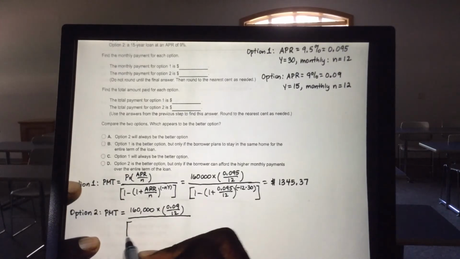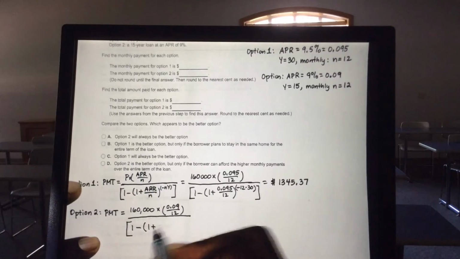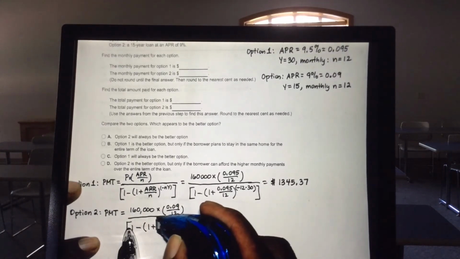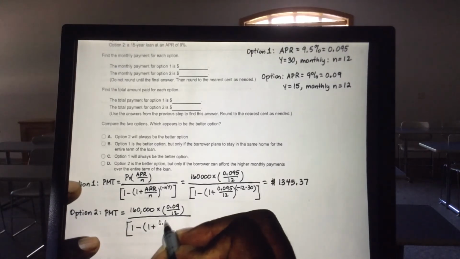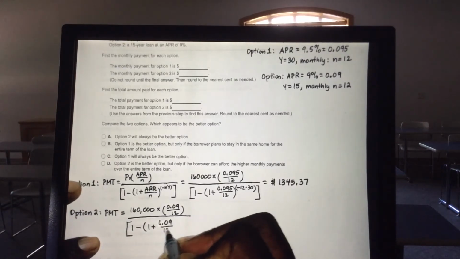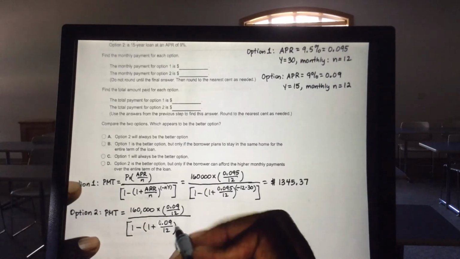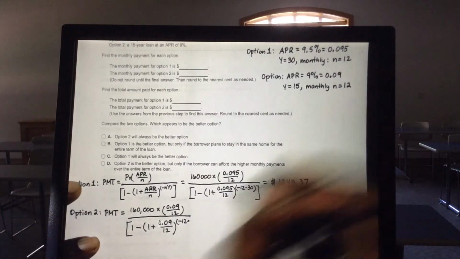All that's divided by 1 minus, left parentheses, 1 plus your APR, that's still 0.09, divided by 12. That's going to be raised to the negative N times Y. N is a negative 12. Your Y this time would be 15.